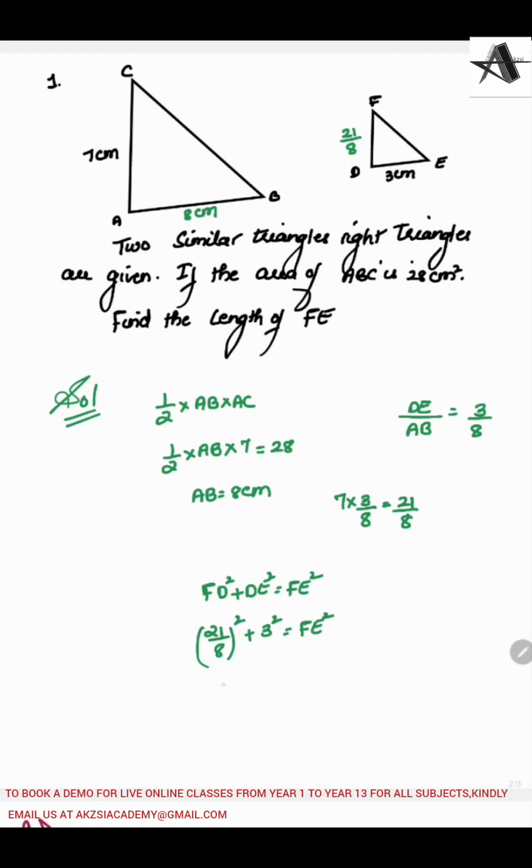So this will be 441 over 64 plus 9 is equal to FE squared, and finally we'll get 1017 over 64. Root of it will give me FE. So in this way we can calculate it. We just need to see the corresponding side and the length scale factor.